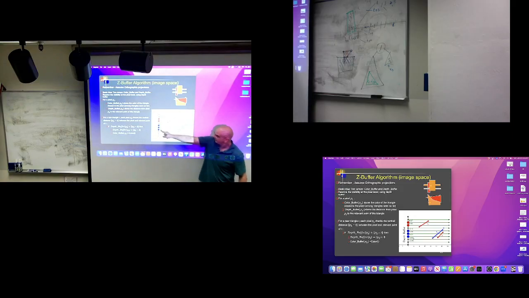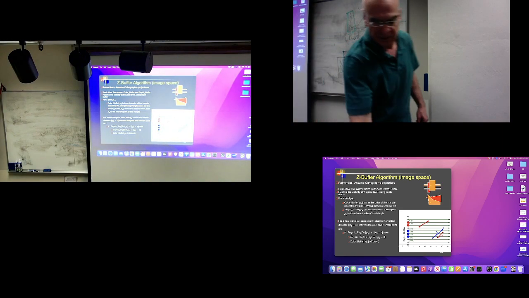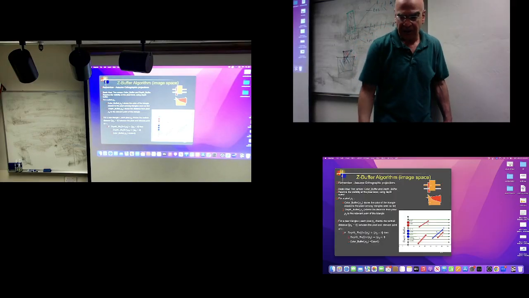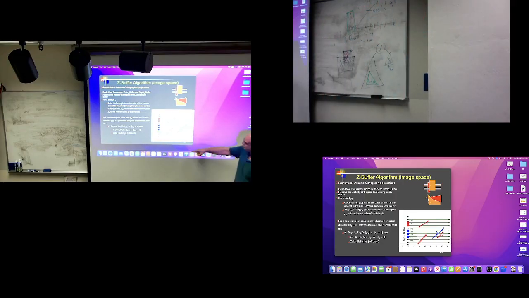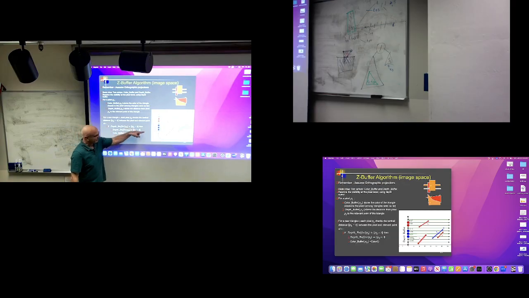The depth buffer of this point was 0.77. Why? Because 0.77 was the distance to the blue triangle, to T1. Now I'm inserting the red triangle, the distance to the red triangle, across this ray from this pixel is smaller than the 0.77 that I store over here.